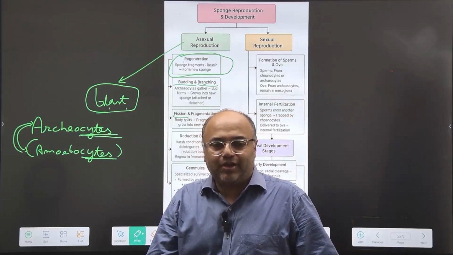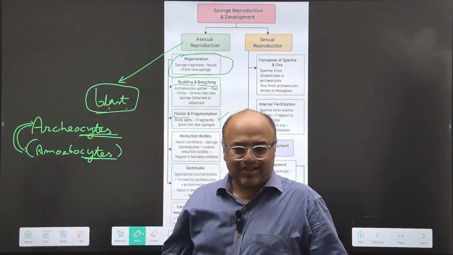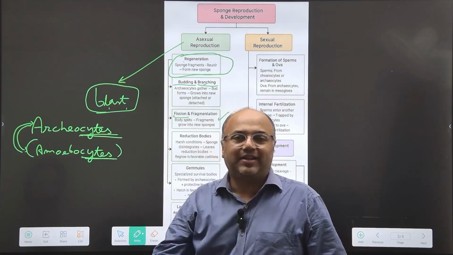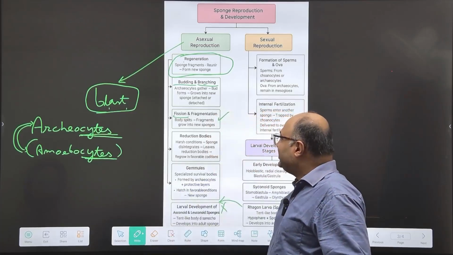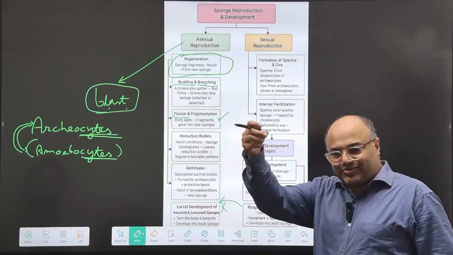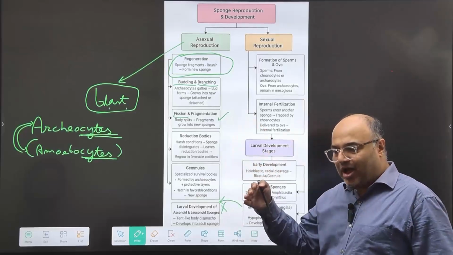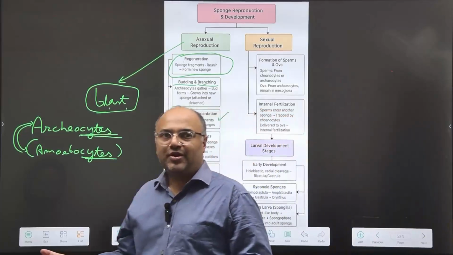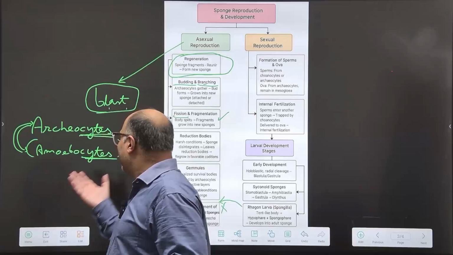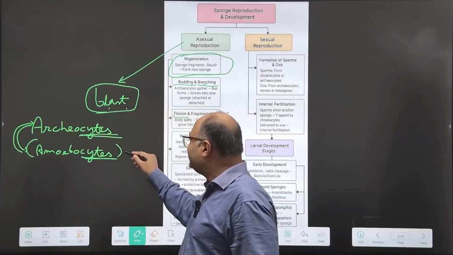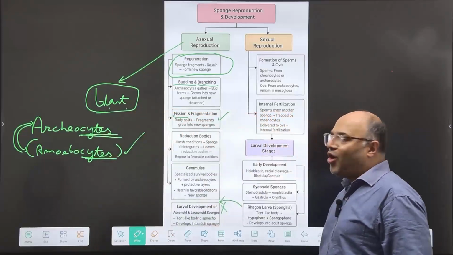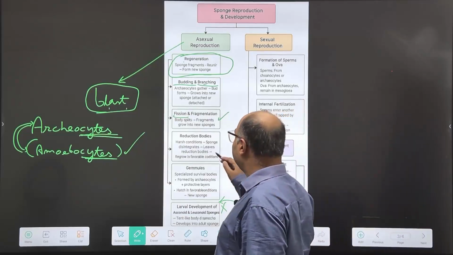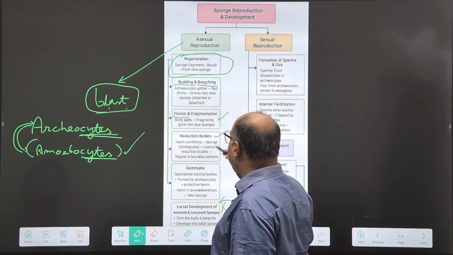So here fissions or fissures appear on the body of the sponge over a period of time, and these fissures or these cracks actually allow a part of the sponge to fall off, and once it falls off, if it has got archaeocytes or amoebocytes, it is completely capable of giving rise to a new sponge. Very simple.